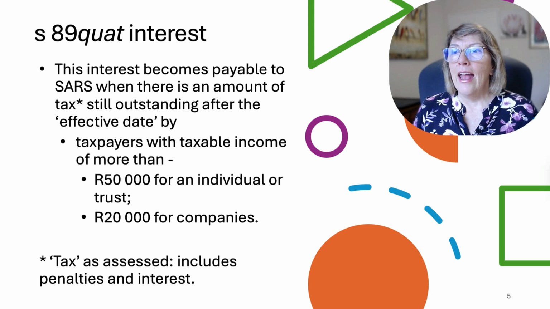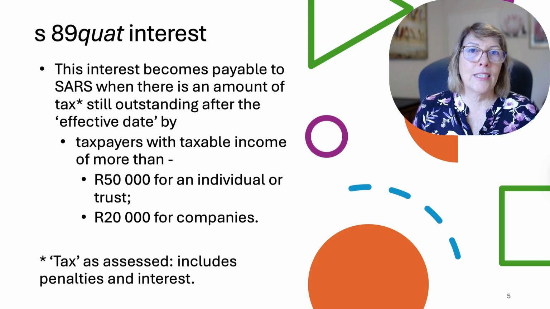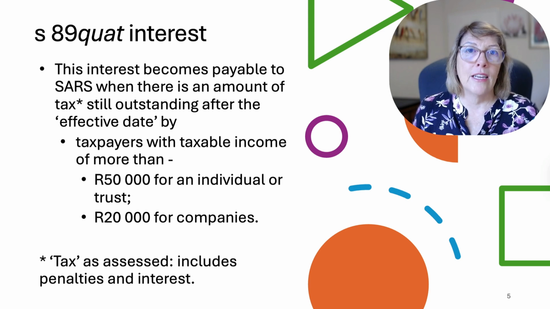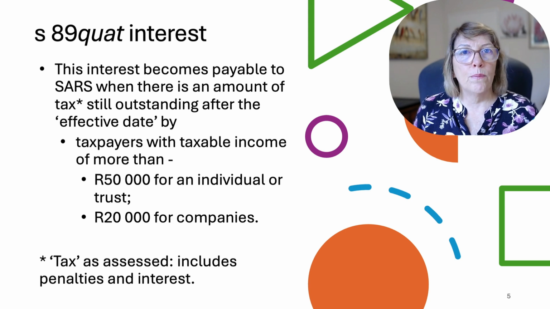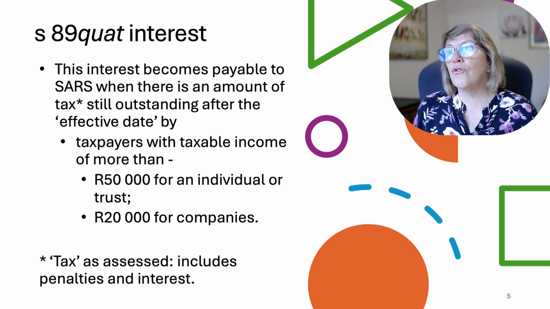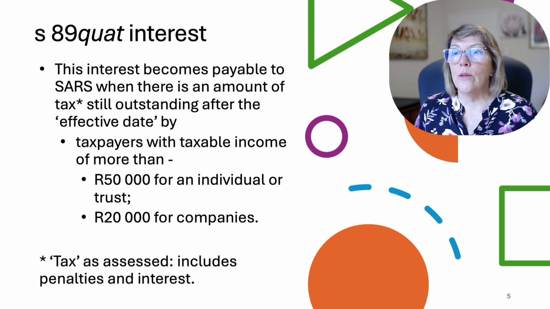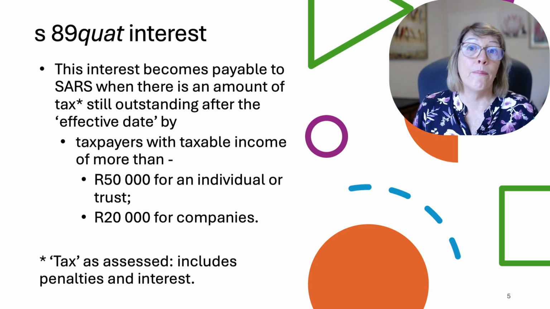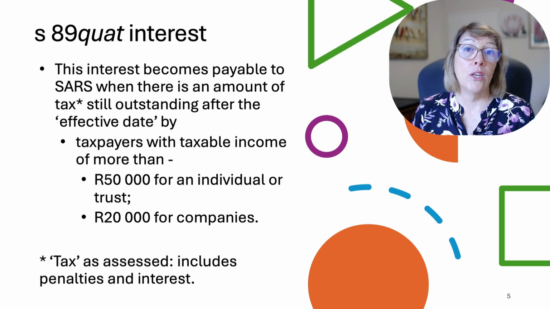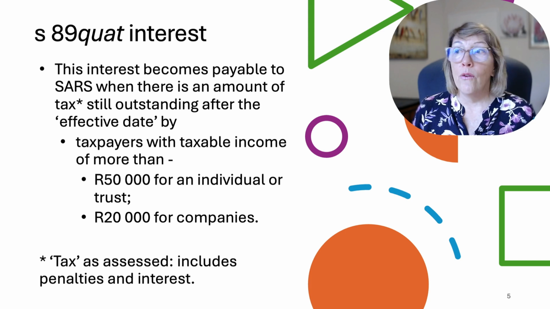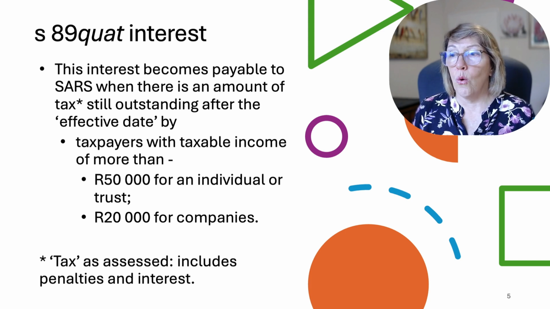If you're a company with taxable income of only 5,000 Rand, then yes, a company is a provisional taxpayer, but you wouldn't have to pay interest under Section 89 Quat. It's really just a threshold for who's liable for this interest, but most provisional taxpayers will be potentially liable.